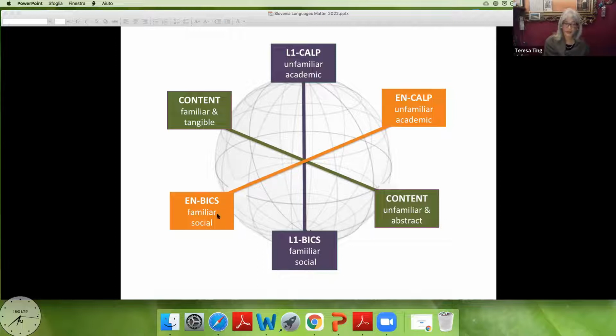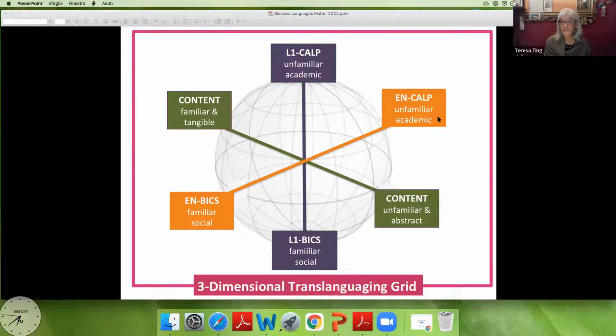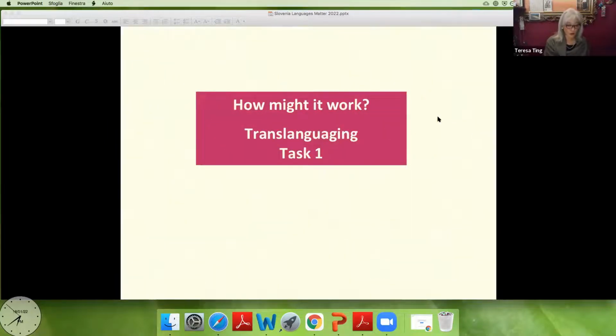Here we have familiar English from general English courses and unfamiliar academic English from English textbooks, which is the English that students need when they go to the workforce. This is the English Slovenian students need when they go into the workforce. Now, here we have, therefore, a three-dimensional translanguaging grid. Let's see how this works. How might it work? Let's look at translanguaging task number 1.